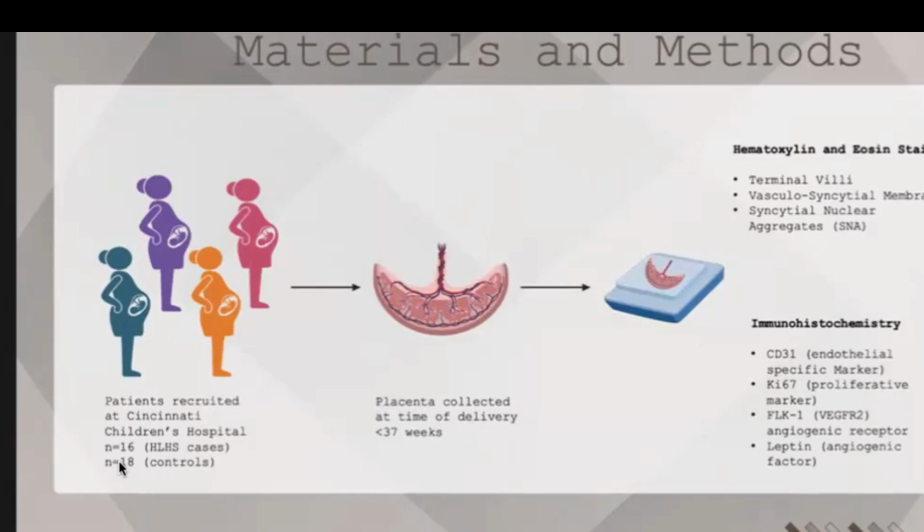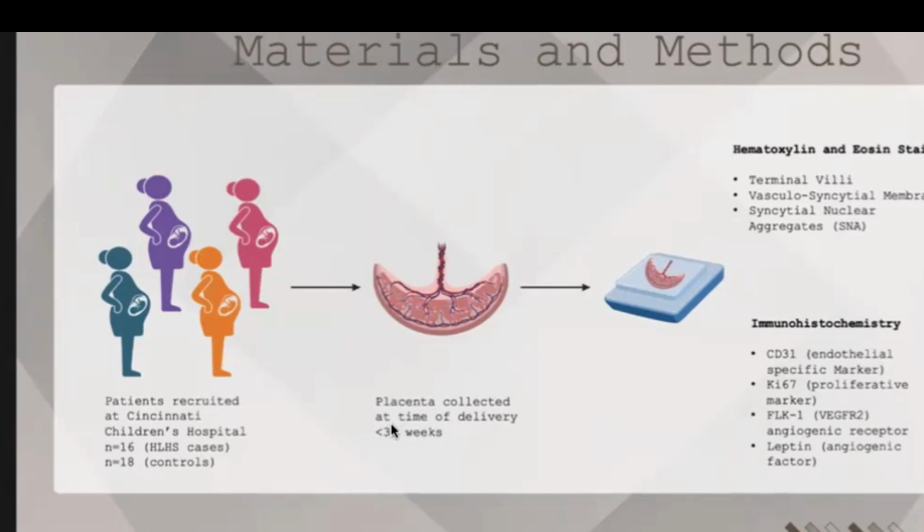They had an N number of 18 in the controls, and the controls didn't include any previous maternal syndromes such as diabetes or hypertension or things like this. This was uncomplicated pregnancies. And then they had an N number of 16 from hypoplastic left heart syndrome. And hypoplastic left heart syndrome is a severe CHD subtype.